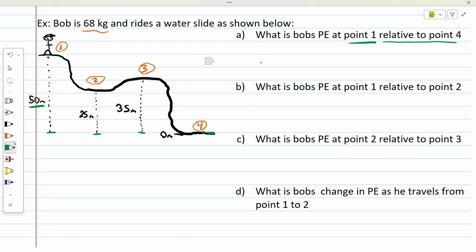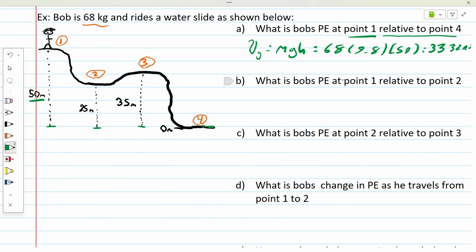So we know our potential energy U is just mass times gravity times height. So the mass is 68 times gravity, which is 9.8. And so the height, we would use 50 meters. So if we plug those in, we'd get a potential energy of 33,320 joules.